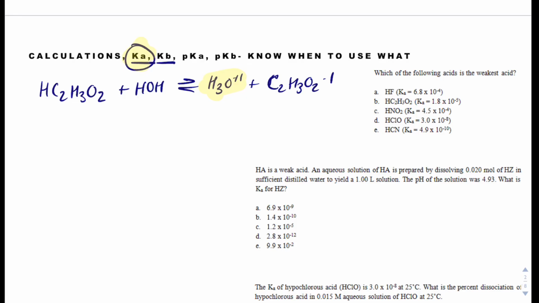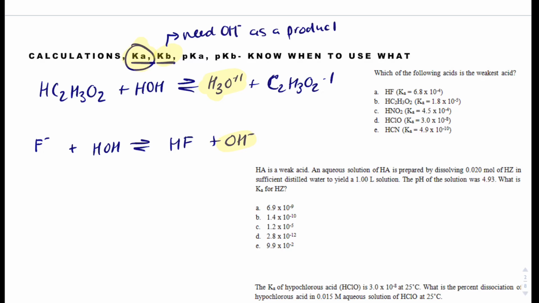If I had a base, and I'm just going to write a random base, fluoride, plus HOH, that would give me HF plus hydroxide. Because here I got hydroxide, then I'd use Kb. So to use Kb, you need hydroxide as a product. To use Ka, you need H plus or H3O plus 1 as a product.